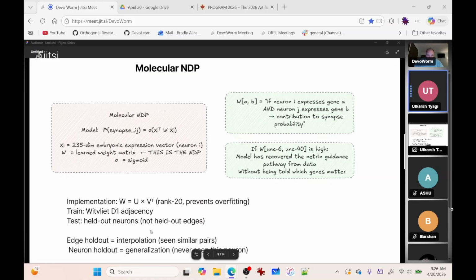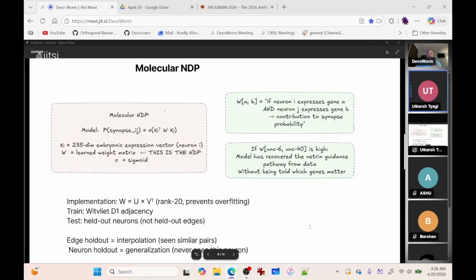So if the model learns high positive weights for an entry corresponding to UNC-6, which is a netrin ligand, and UNC-40, which is the netrin receptor, then it would have recovered a known axon guidance pathway purely from the data without being told which genes matter. So this is my definition for NDP here.